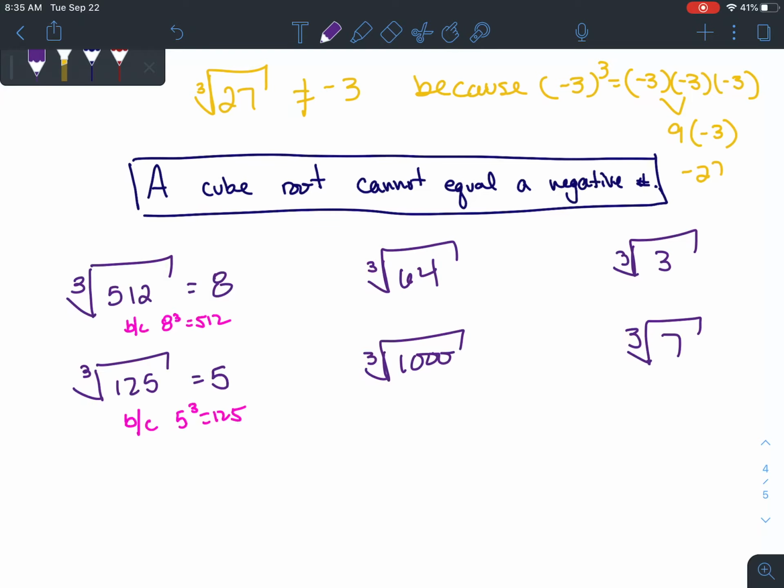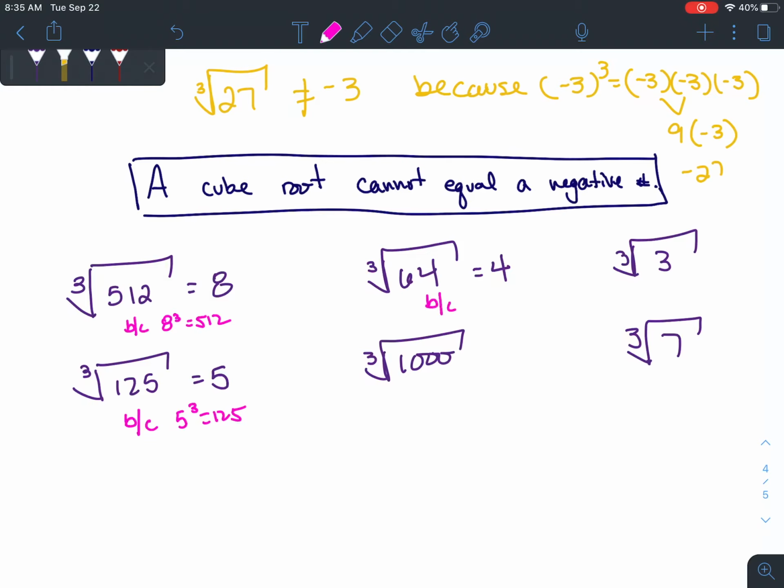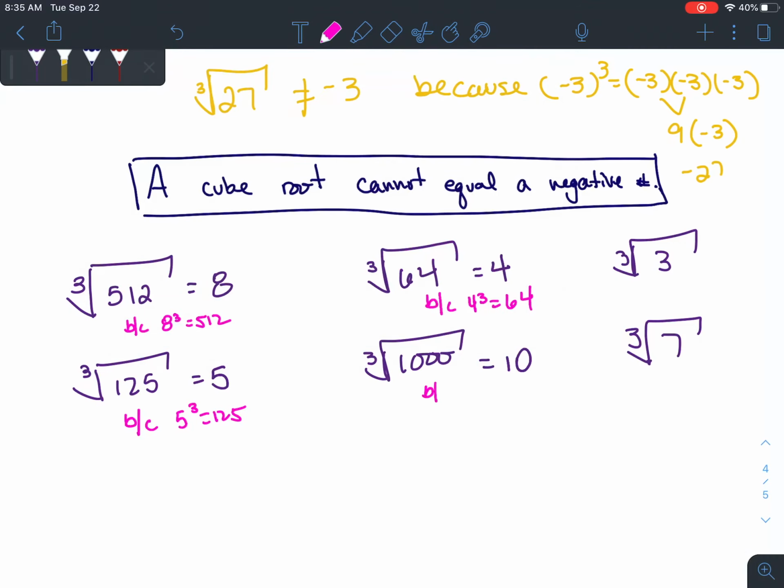Cube root of 64 is 4. And that's because 4 cubed equals 64. Cube root of 1,000 is 10. Because 10 cubed equals 1,000.